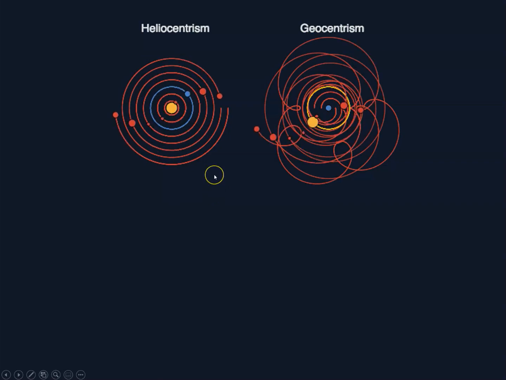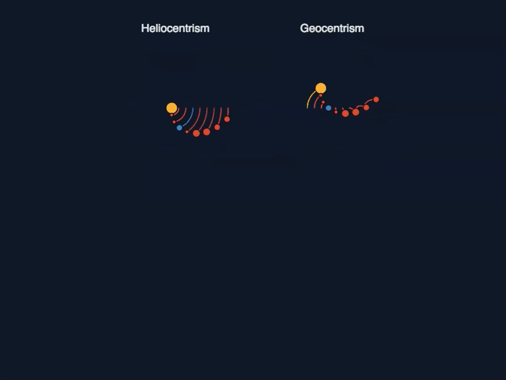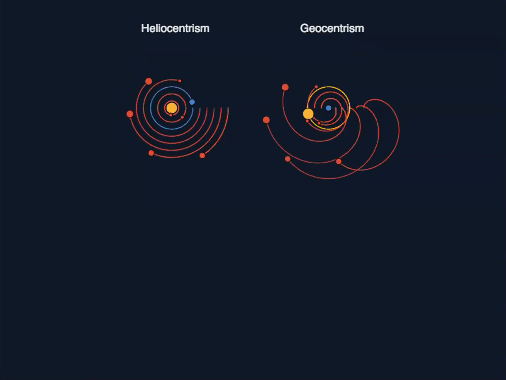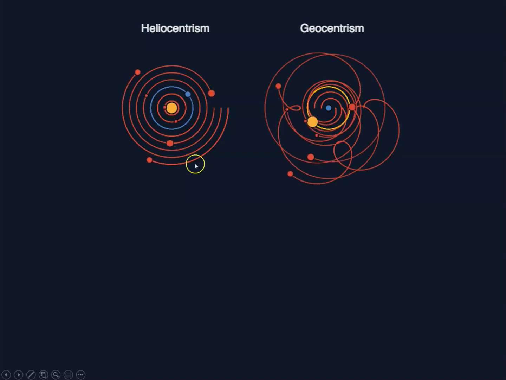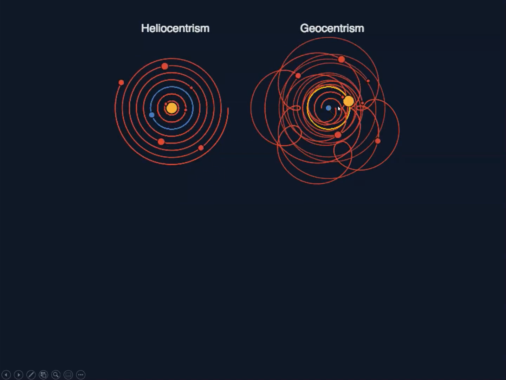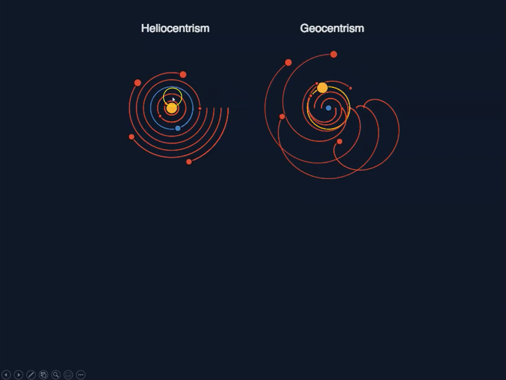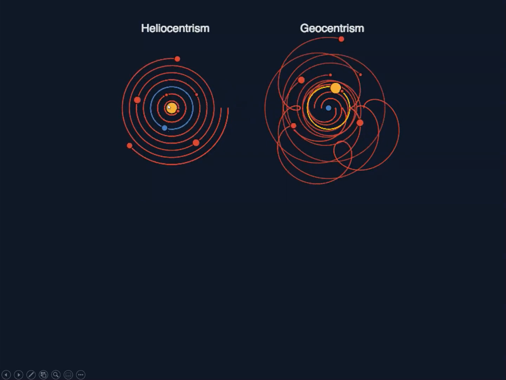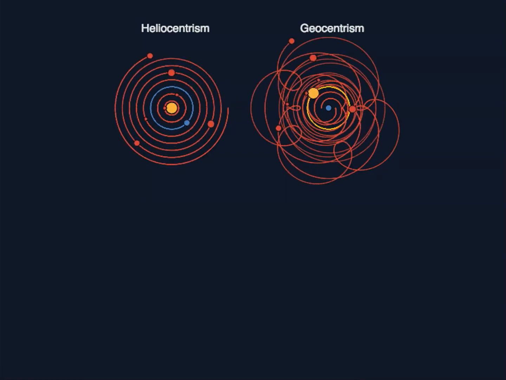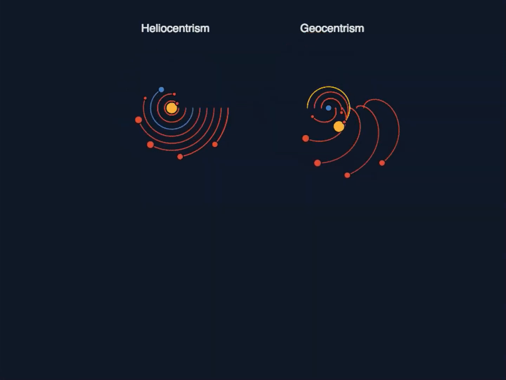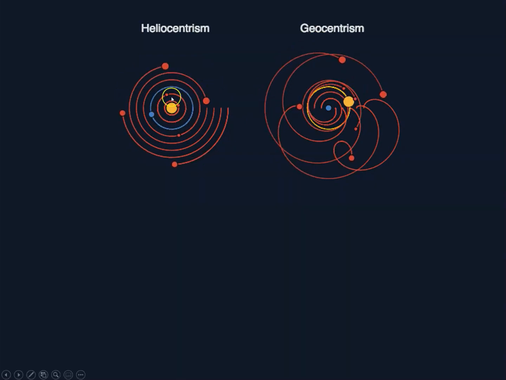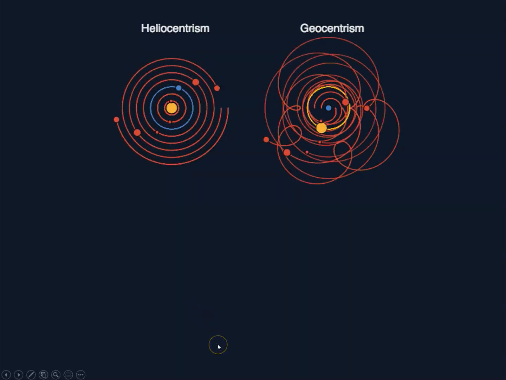Now, in order to get the apparent motions that we see of the planets across the night and daytime skies over the course of the year, in order to say that the earth is at the center of our solar system to explain why we see the various patterns, geocentrism would look like this. Whereas heliocentrism, it's a much simpler explanation and display. So if you were trying to determine Earth-centered, Sun-centered solar system, definitely heliocentrism, where Occam's razor is applied.